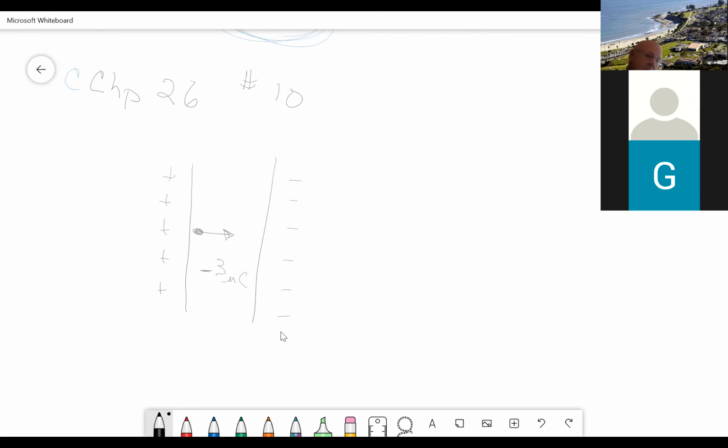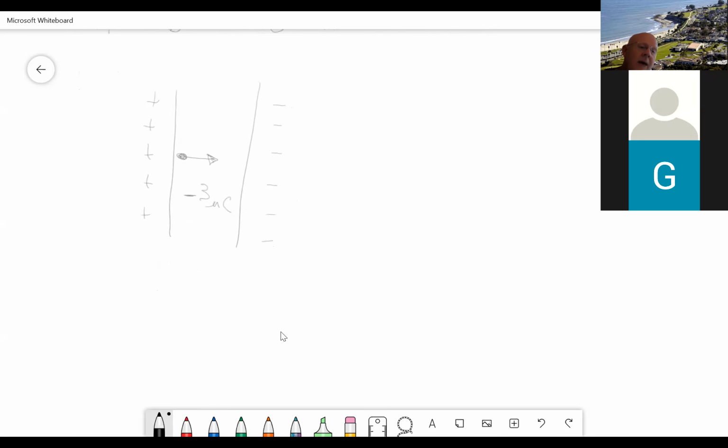Okay, so with that in mind, the first part of it, does it make it all the way? I'll try that first, because I know that the change in potential energy would be the charge times the change in the potential.